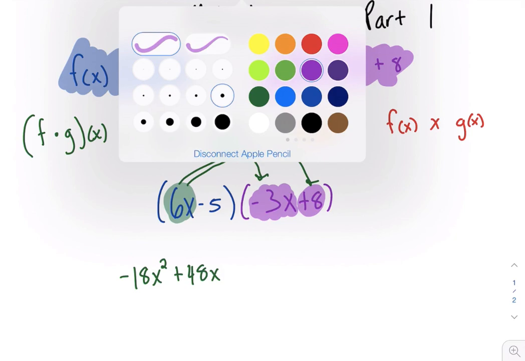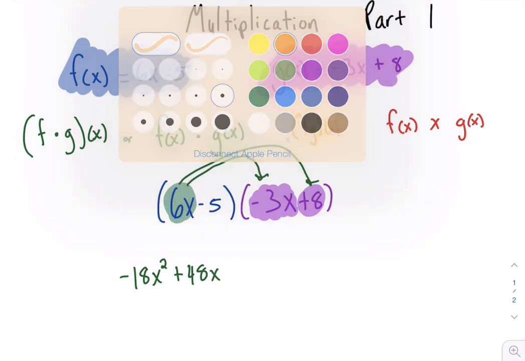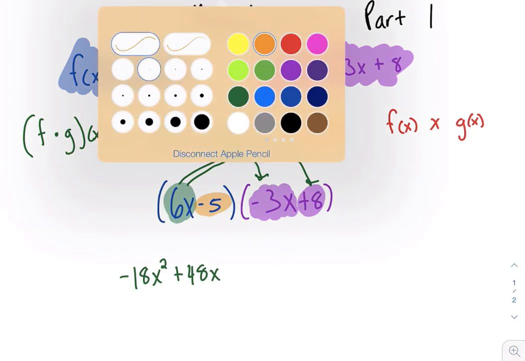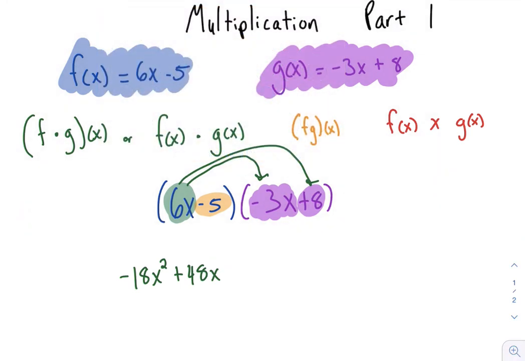Okay? Now we're going to look back at that first function. I've taken the 6x from the first function and multiplied it by every term in the second function. So it's time to move on to the second term in the first function, which is negative 5, and multiply that by all the terms in the second function. So I'm going to multiply negative 5 times a negative 3x.